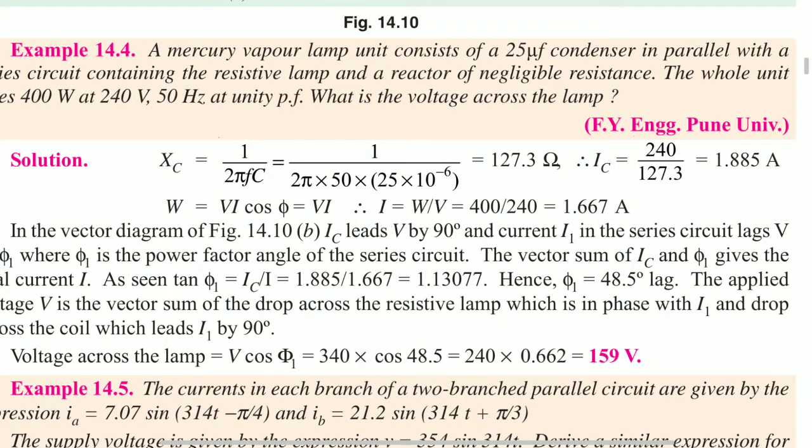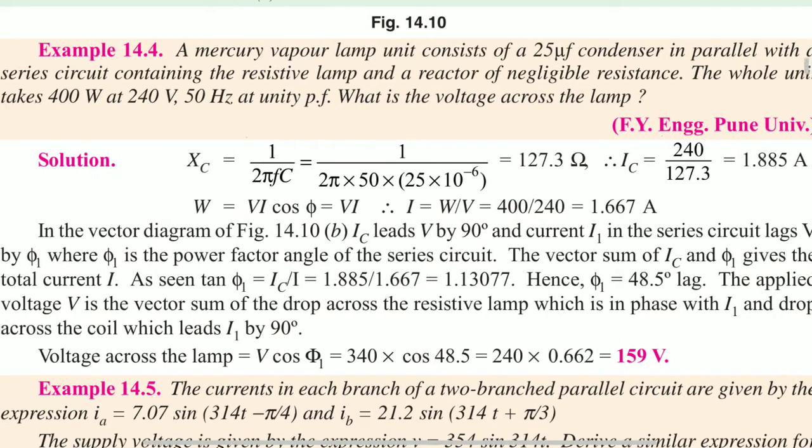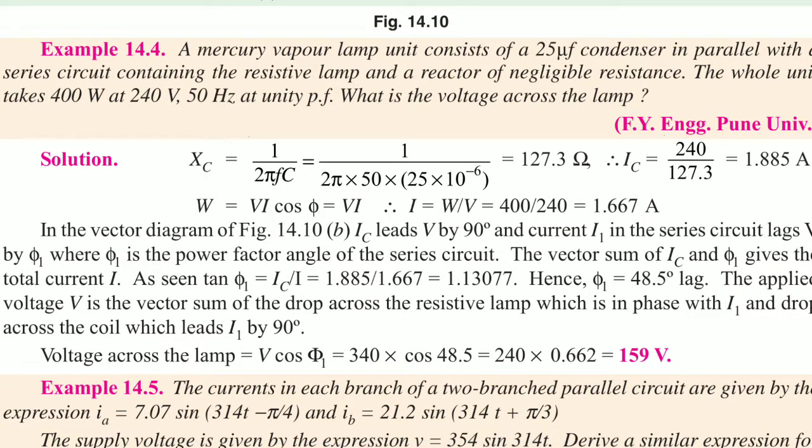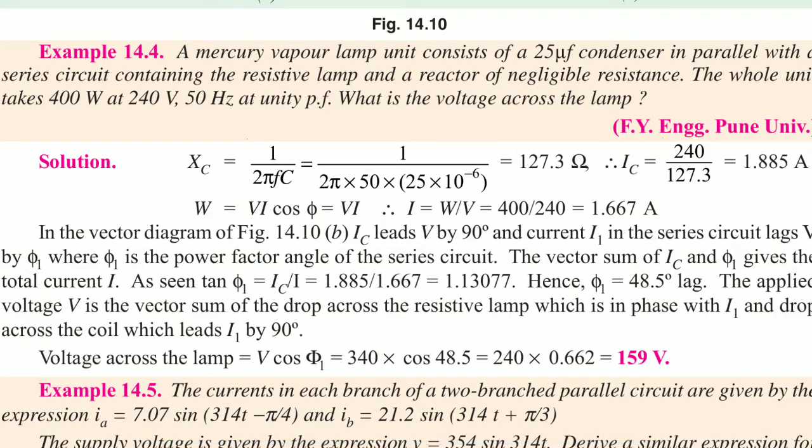It is in parallel with a series circuit containing the resistive lamp and a reactor of negligible resistance. This condenser is in parallel with a resistive lamp and a reactor of negligible resistance.